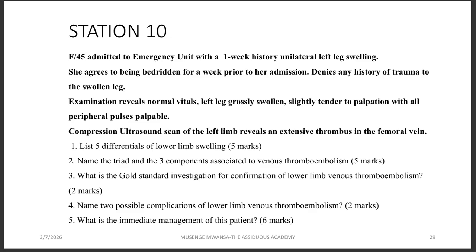Name the triad and the three components associated with venous thromboembolism. What's the triad? Associated with thrombosis. Yes, please. Virchow's triad, excellent. What are the components?